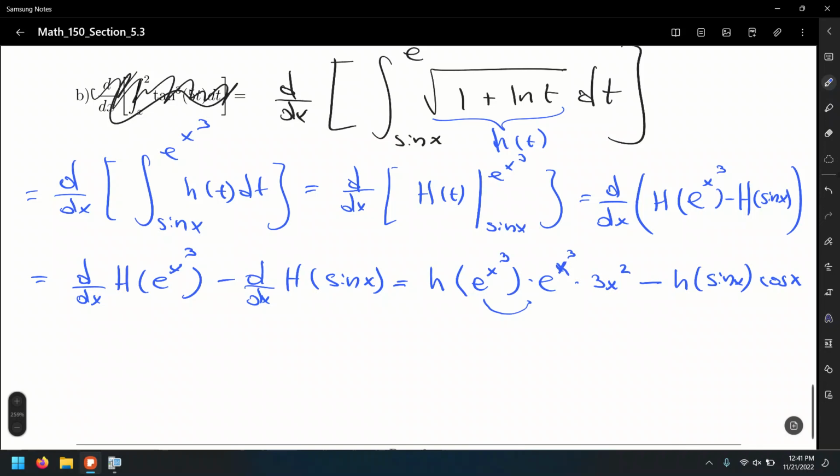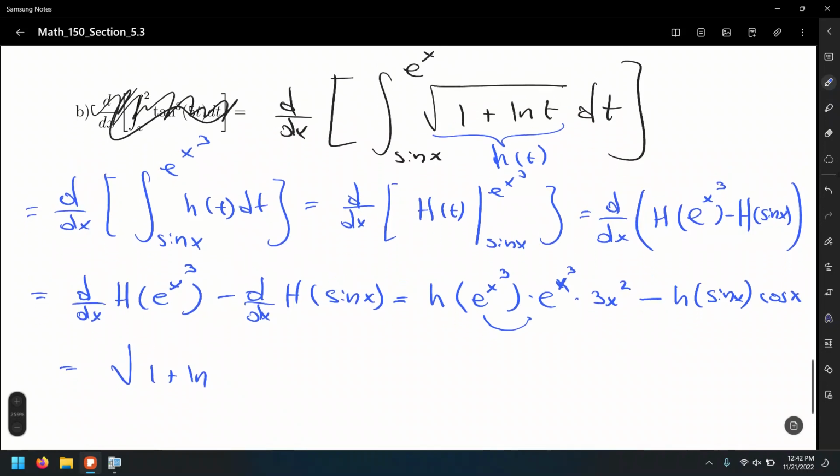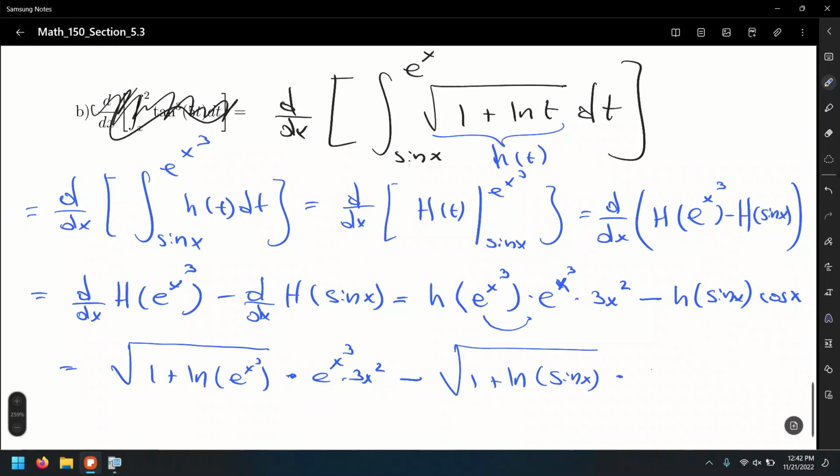All we have to do is go back to the original function h of t and replace t with the upper function: the square root of 1 plus ln of e to the x cubed, times this madness here, e to the x cubed times 3x squared, which is the derivative of that, minus the square root of 1 plus ln of sine x times cosine x.